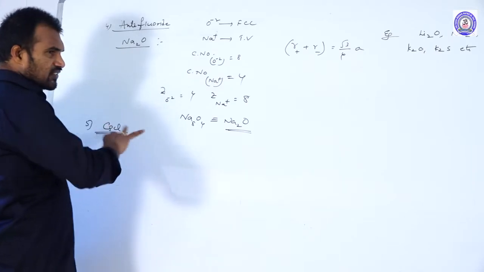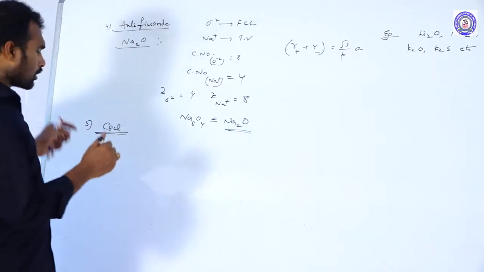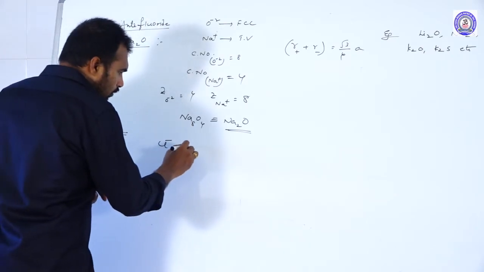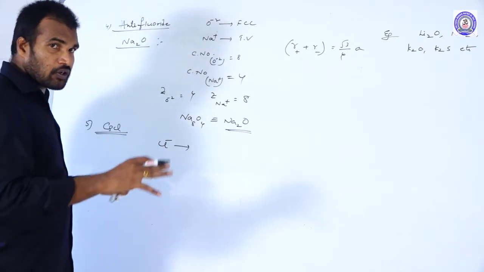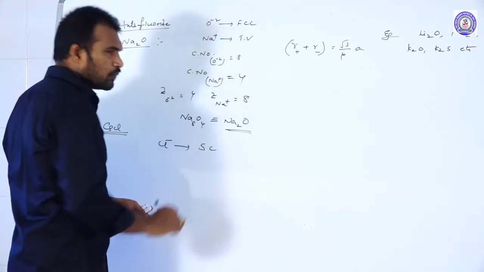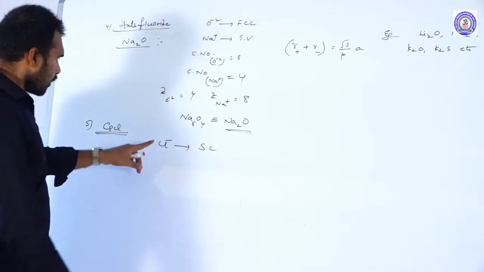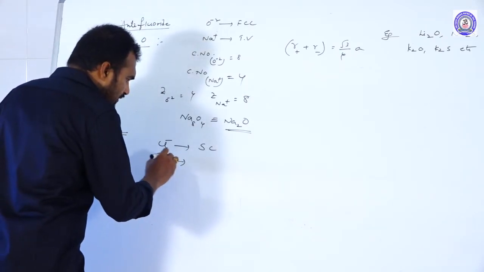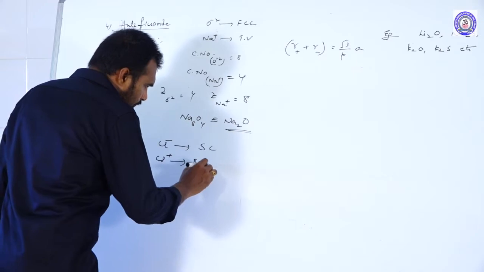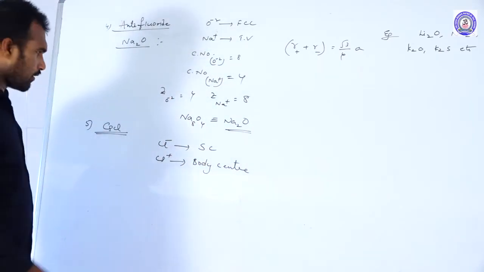In this case, between cesium and chloride, which is larger? Chloride ions are present only at the corners, which means they form a simple cubic unit cell, whereas the cesium ion is present at the body center.